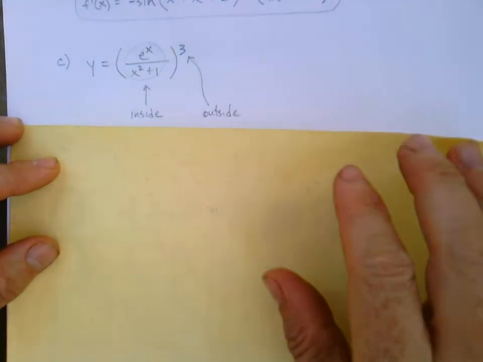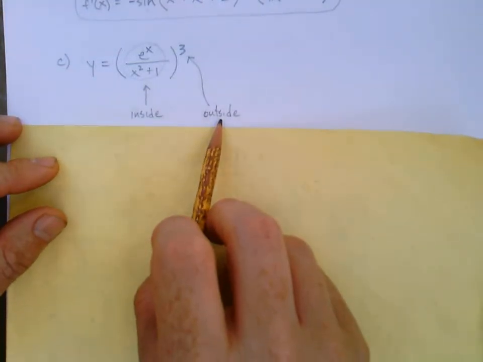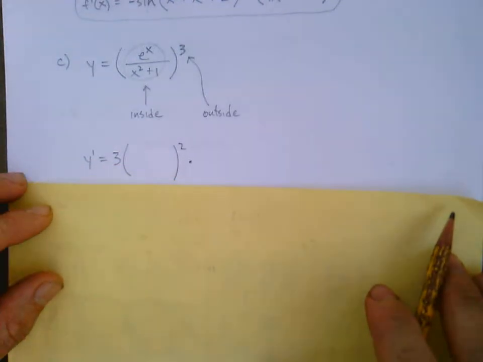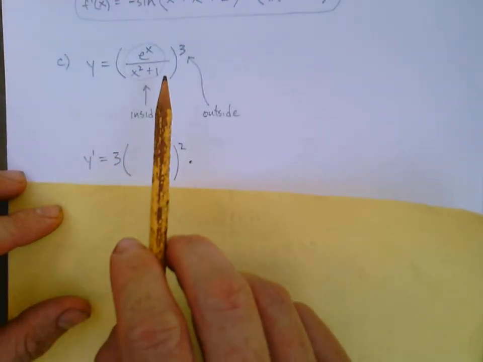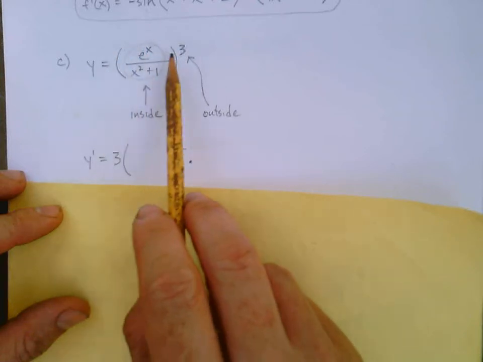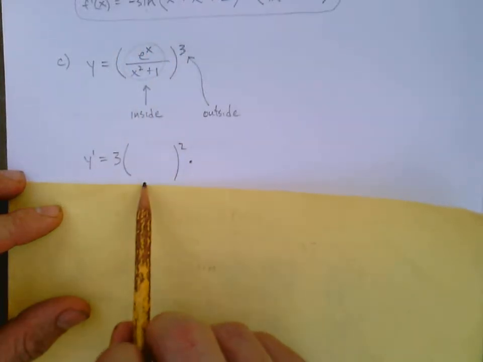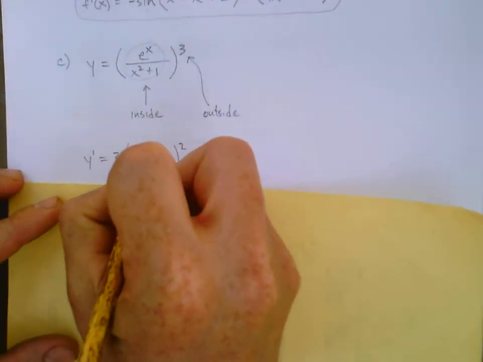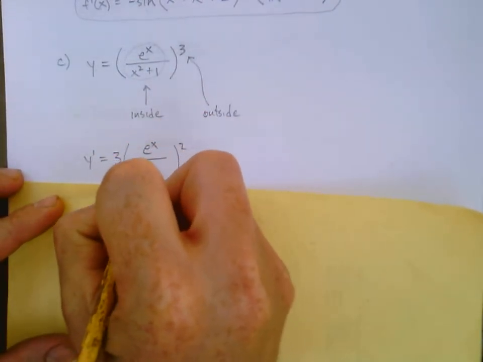Okay. So we'll begin with the outside. Y prime is going to equal, begin with the outside, the 3 will come down, it'll be dropped to a square, all right. And inside the parentheses, we don't touch it yet, it's still e to the x over x squared plus 1.